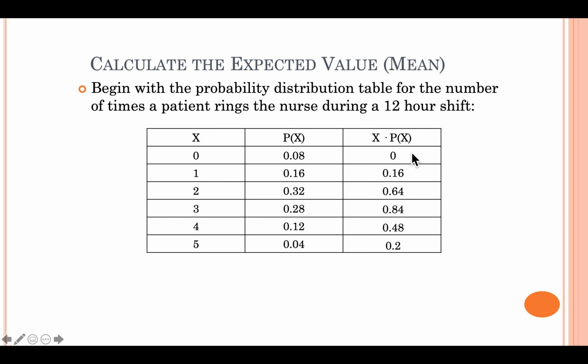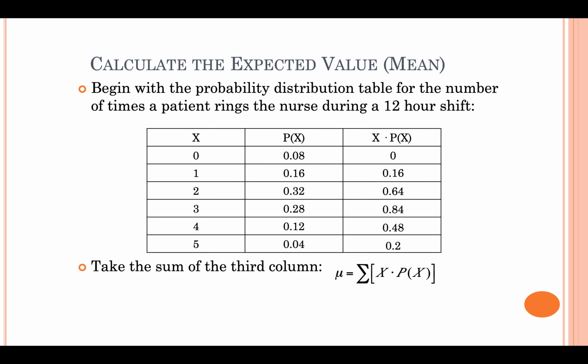And these are what you get when you multiply the first 2 columns. You take the sum of this third column, and this is the mean, also known as the expected value or average, symbolized by the letter mu. And so mu is 2.32.